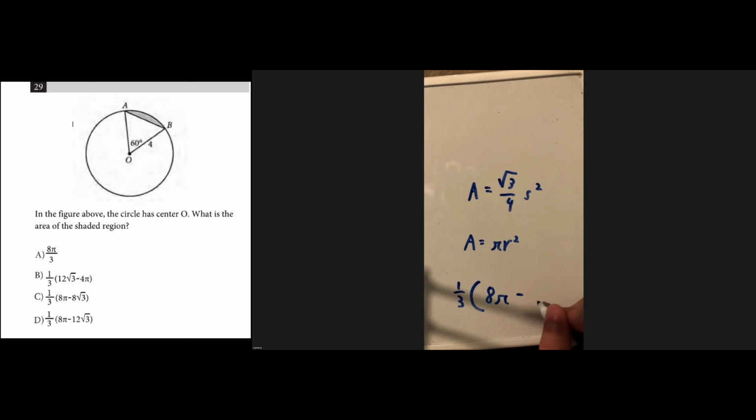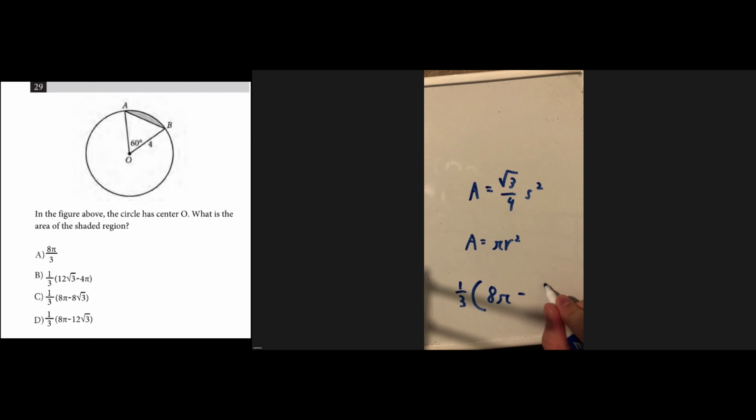And then you need to find the area of the triangle, which is √3/4 times s squared. Since we're working with 1/3, because we're trying to find this out of 180 degrees, we have to multiply this equation by 3, because we're finding the area of 3 triangles since we're working out of 180.